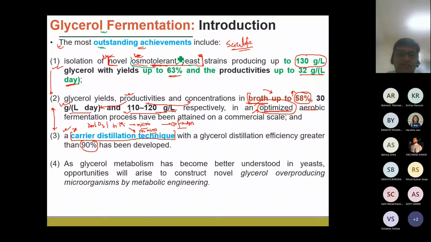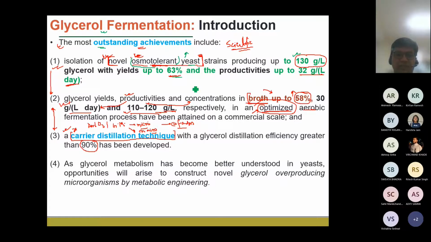Glycerol generally has a high density, and if its concentration increases in the fermentation broth, it is going to create osmotic pressure or osmotic stress on the microorganisms. With an osmotolerant yeast, it was found that the productivity was as high as 130 gram per liter, with a yield of 63%. So there was a significant improvement in the production of glycerol.